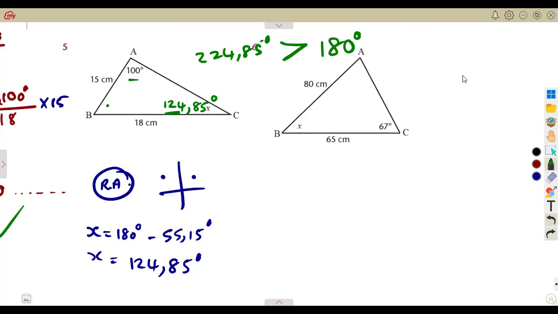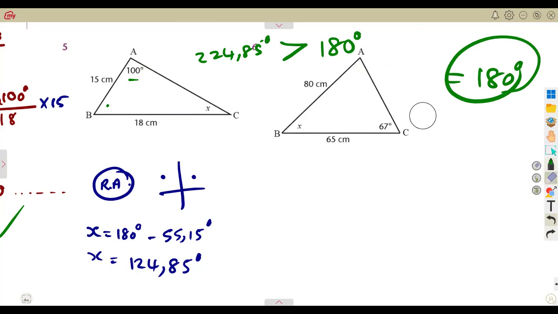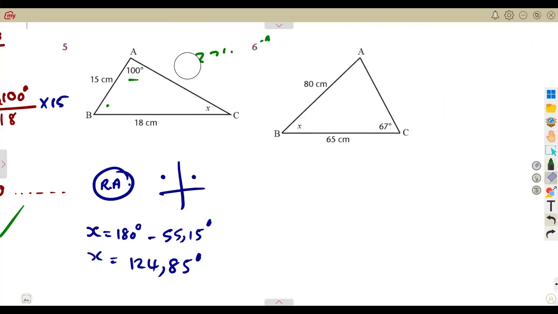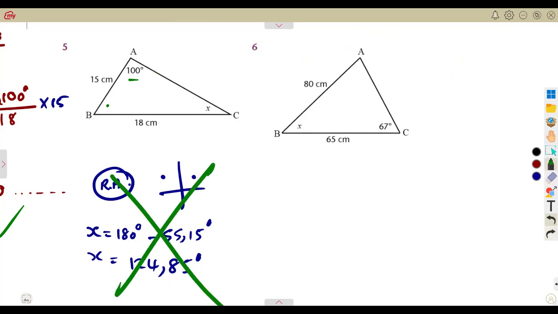Angles in a triangle are supposed to add up to 180 degrees. So this does not work. This angle cannot be that, because once you have 124.85, just add it to the other angle. It is more than what a triangle is supposed to give you. So this here is not going to be part of our solution.